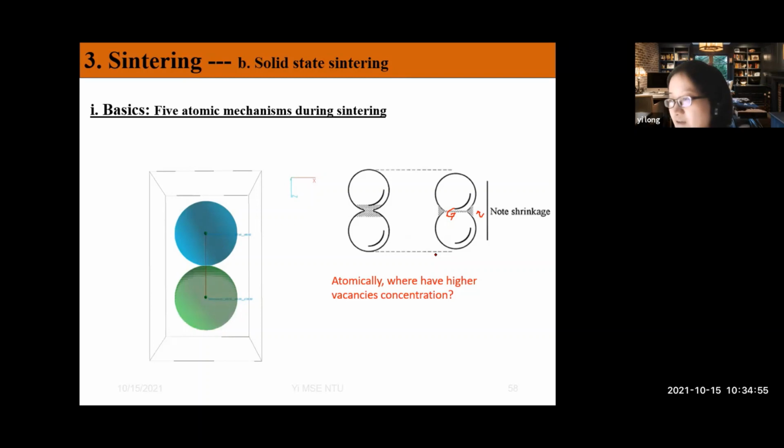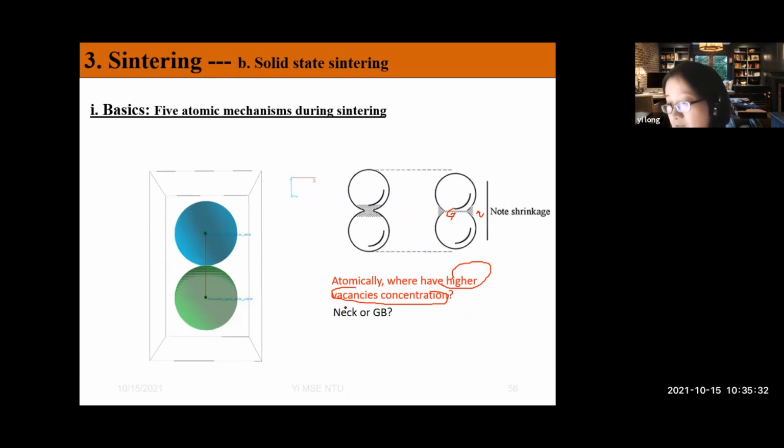Which side has higher vacancy concentration, the neck or the grain boundary? Yeah, concave. Correct, right? Correct answer. Good.